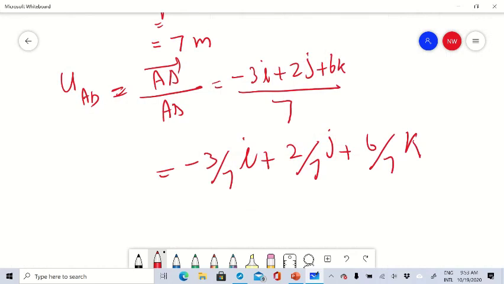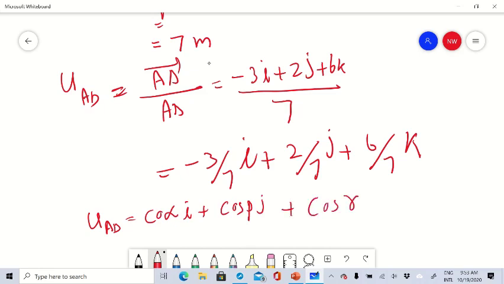But we know from our previous slides, previous knowledge, any unit vector we can express as cos alpha i plus cos beta j plus cos gamma k, right?